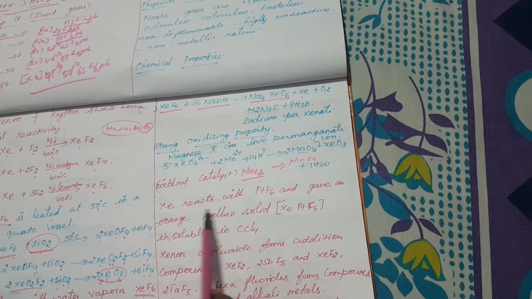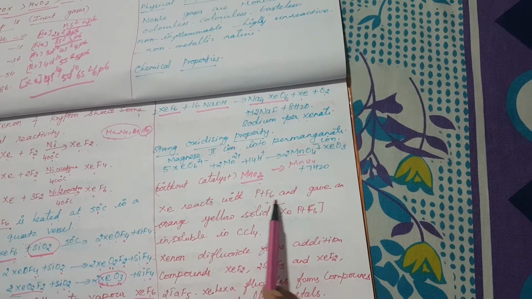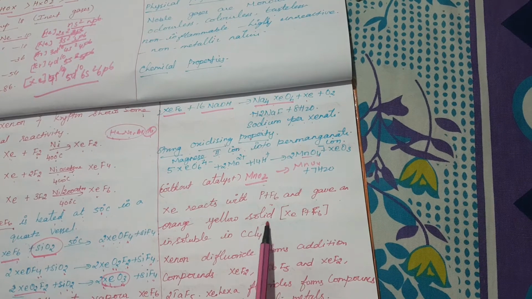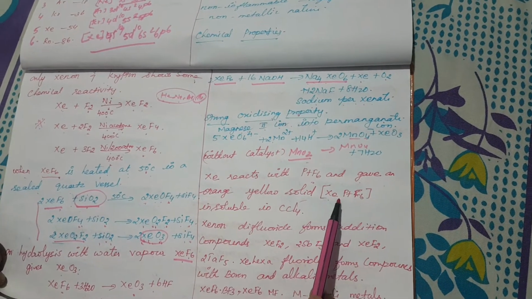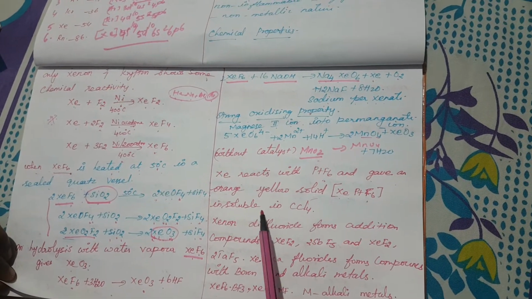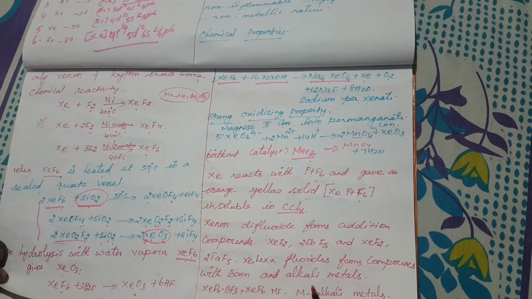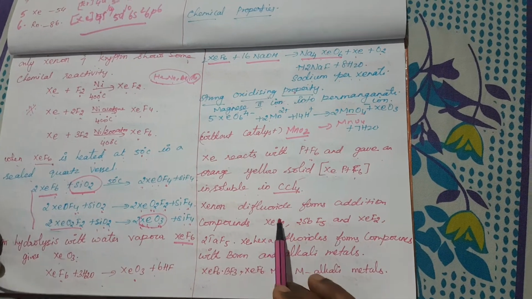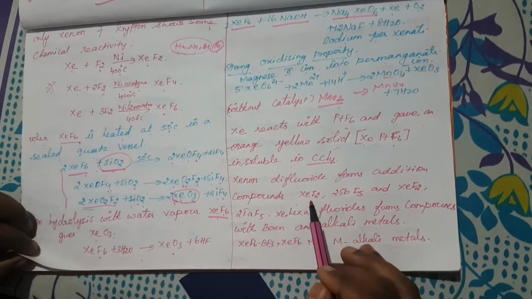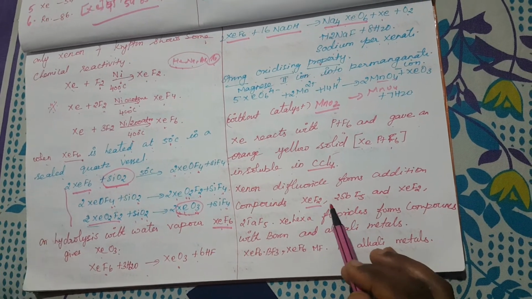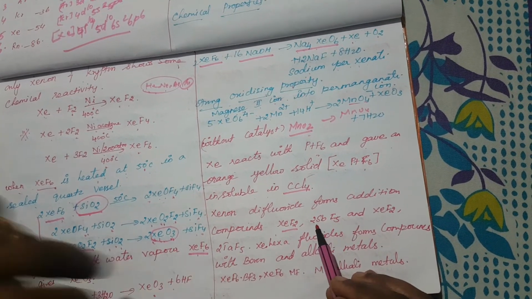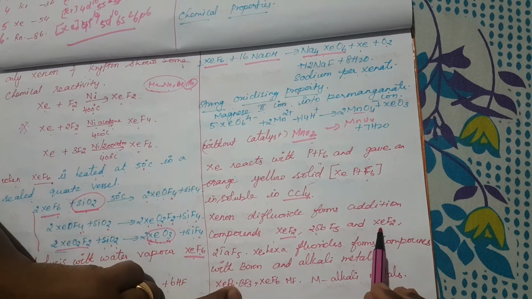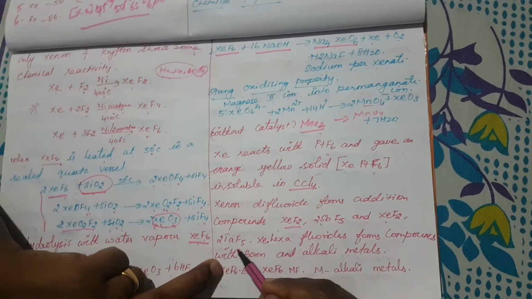Another one is xenon reacting with platinum hexafluoride and giving an orange yellow solid, xenon hexafluoroplatinate. It is insoluble in carbon tetrachloride. Xenon difluoride also forms addition compounds.